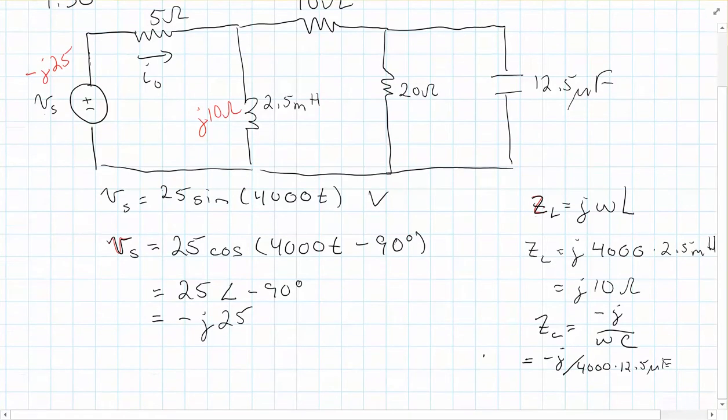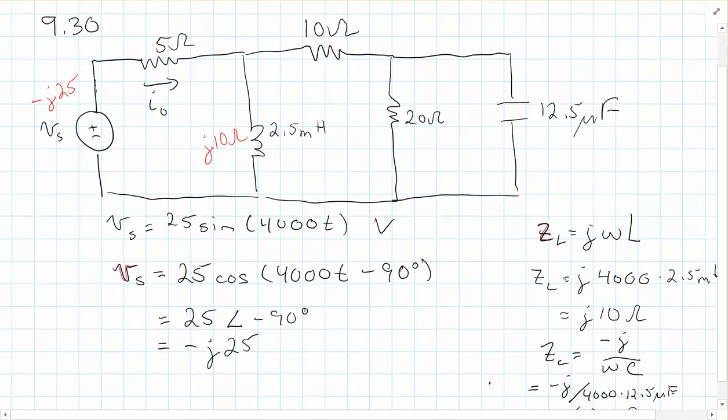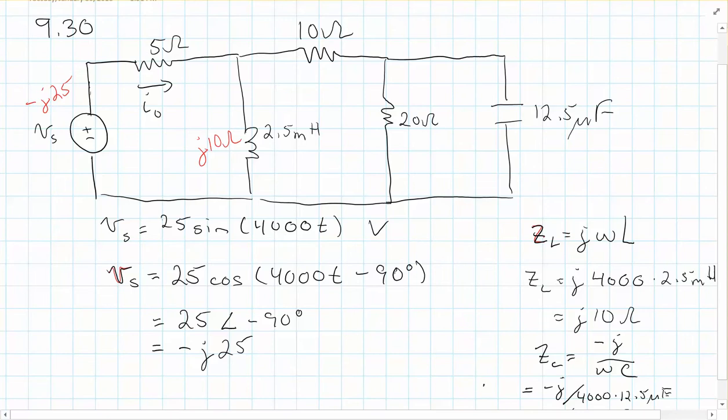And so we'd have 4000 times 12.5 microfarads, and then we're looking at the inverse of that, and this is equal to negative j 20 ohms. Okay, so I will go ahead and put that in our circuit diagram here. So minus j 20 ohms. Alright, now we have everything ready to be able to start doing some circuit analysis.